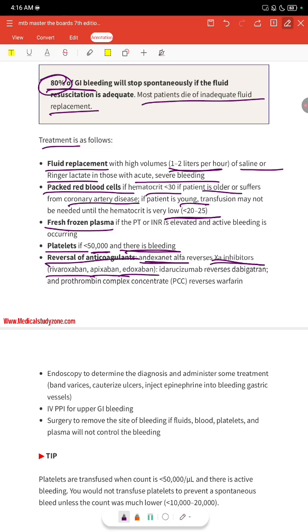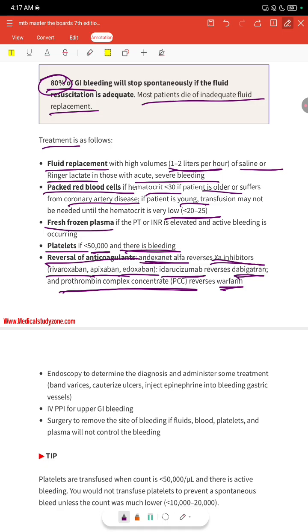So if the bleeding is due to the anticoagulants, you have to reverse the effects of the anticoagulants by giving andexanet alfa. Andexanet alfa reverses Xa inhibitors: rivaroxaban, apixaban, edoxaban. And adalimumab reverses dabigatran, and prothrombin complex concentrate, PCC, reverses warfarin.